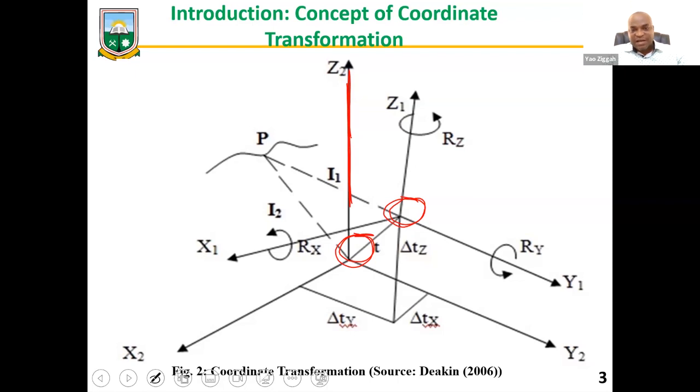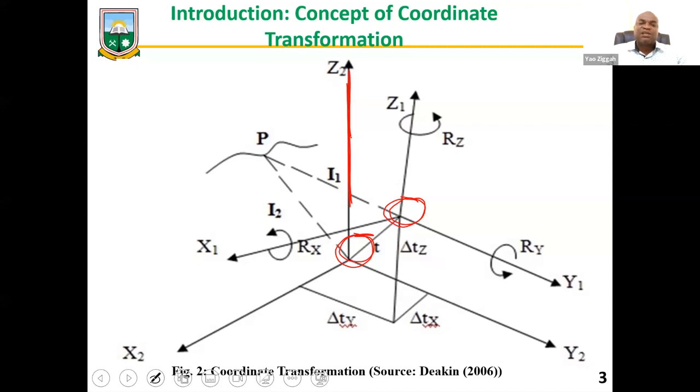So most African countries are yet to move into a geocentric datum of reference for surveying. So what is happening is that when they pick the data, there is a need for them to do a transformation. So the concept of coordinate transformation is very simple. We want to determine a set of parameters that can help us to bring a coordinate system which is in a globalized system into our local geodetic network.